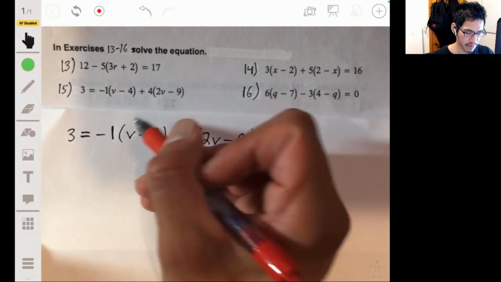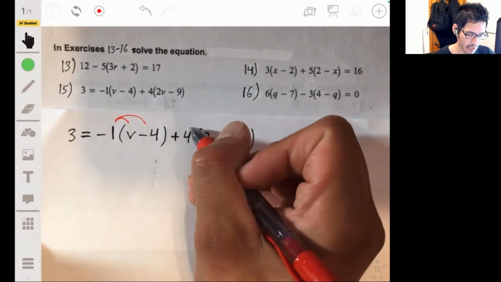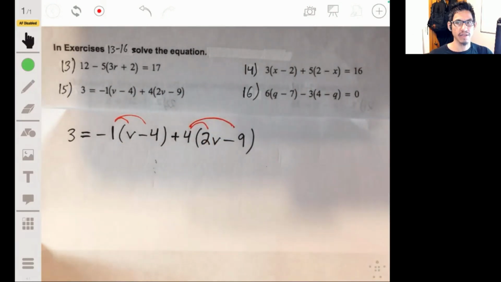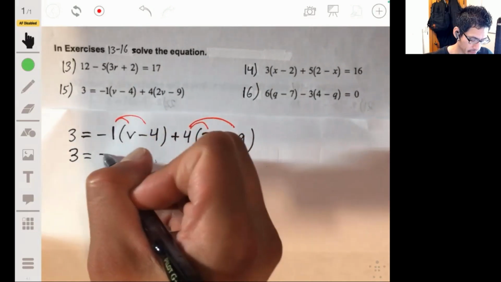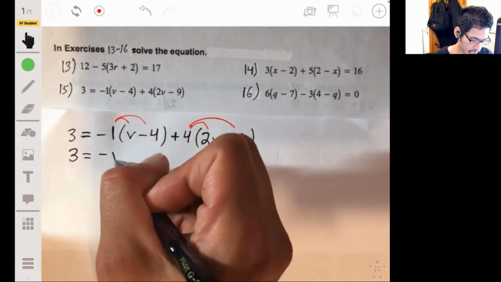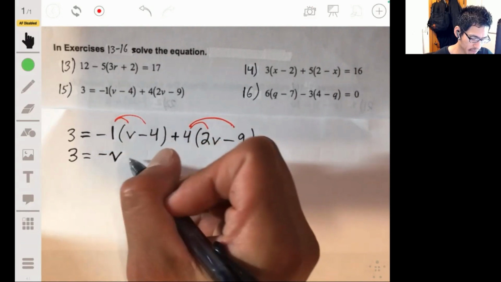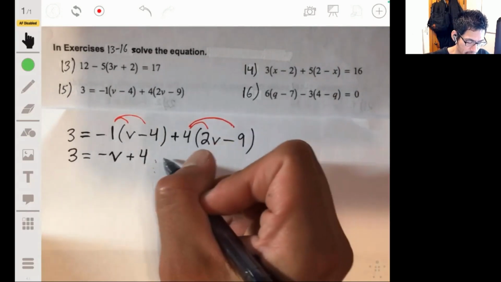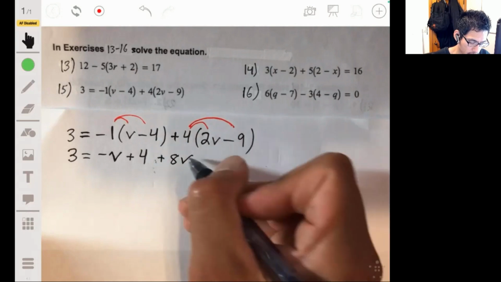So again, let's make sure we distribute this -1 to both the v and -4, and the 4 to 2v and -9. So it's going to look like this. 3 will be -1v, or just -v with the tail there. -1 times -4 plus 4 times 2v, 8v.